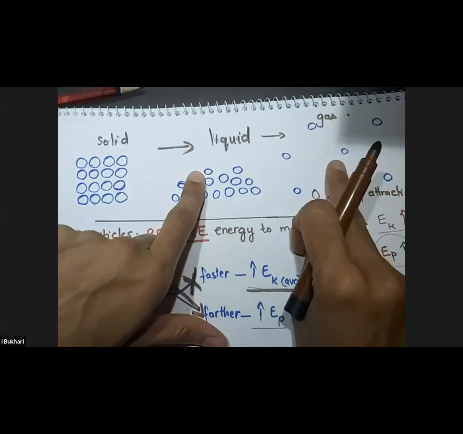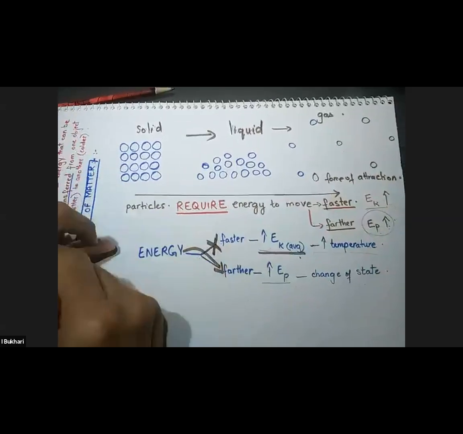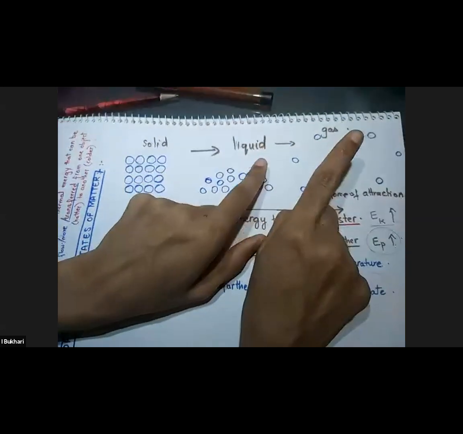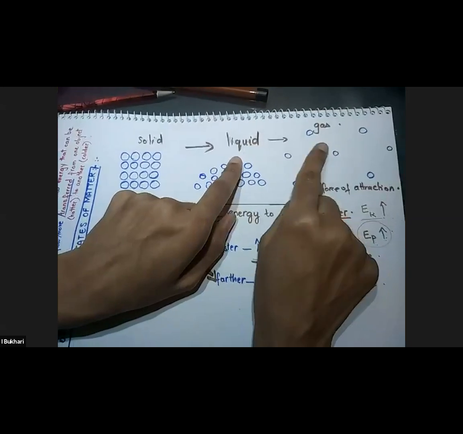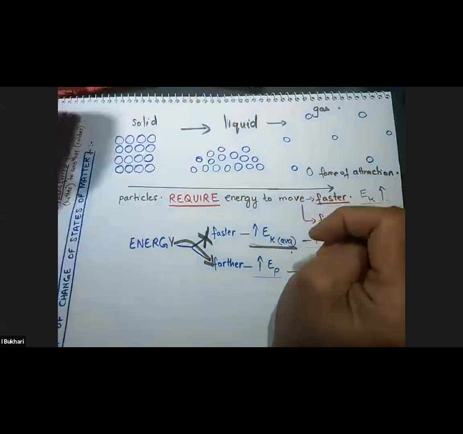That's common sense, because they have to completely get rid of that pull. When you are trying to break an elastic band, the most energy you apply is at the end when it snaps. So boiling takes more energy compared to melting. Appreciate that, understand that.